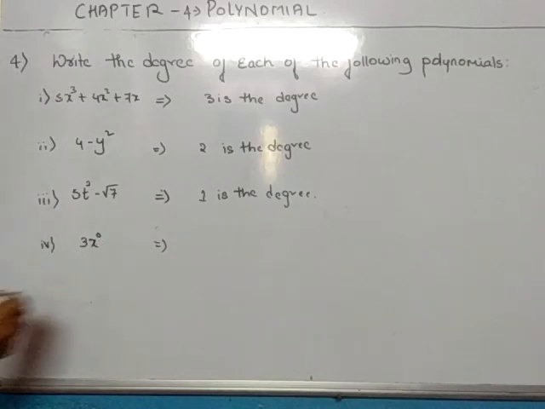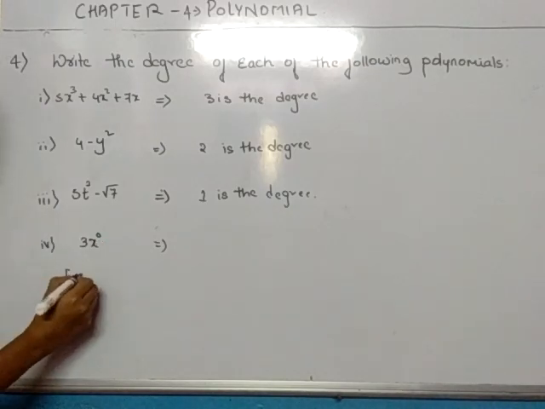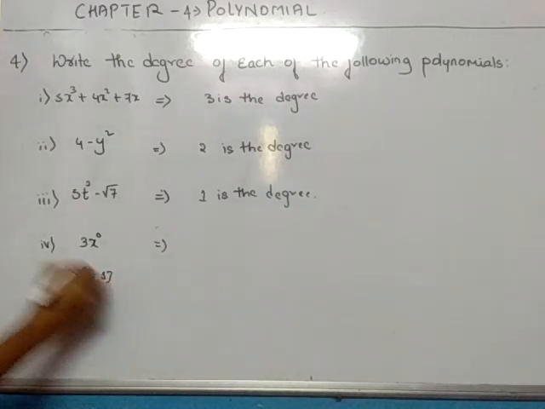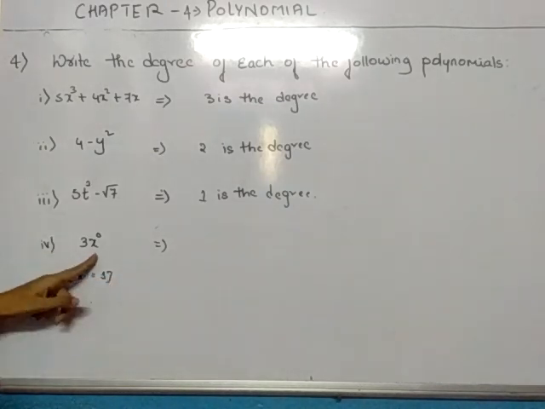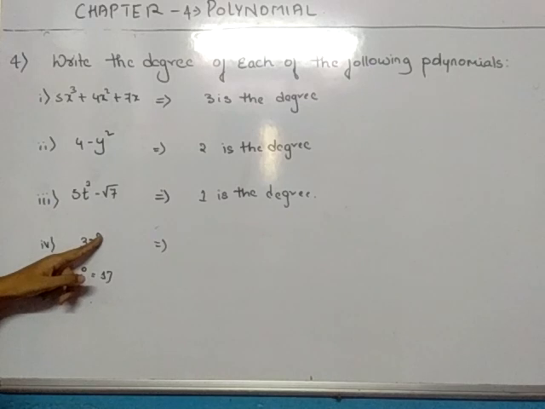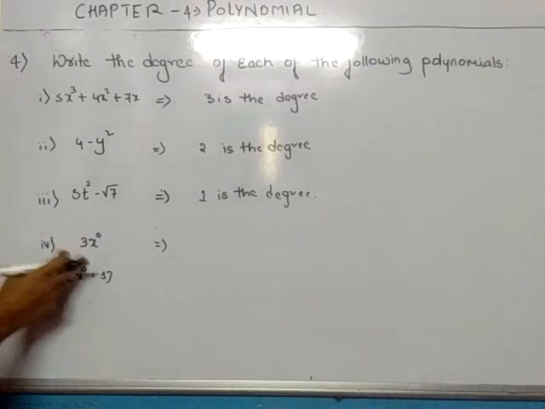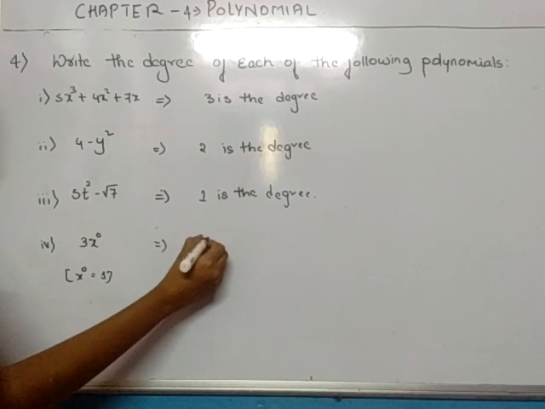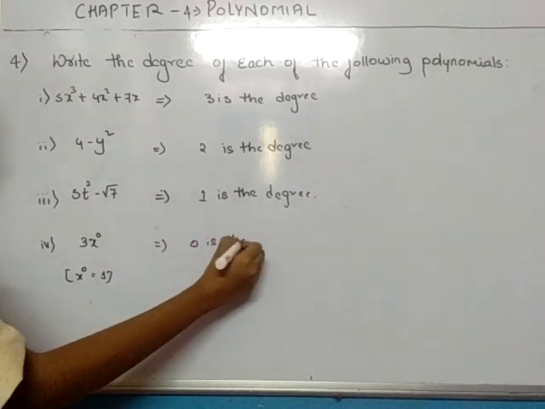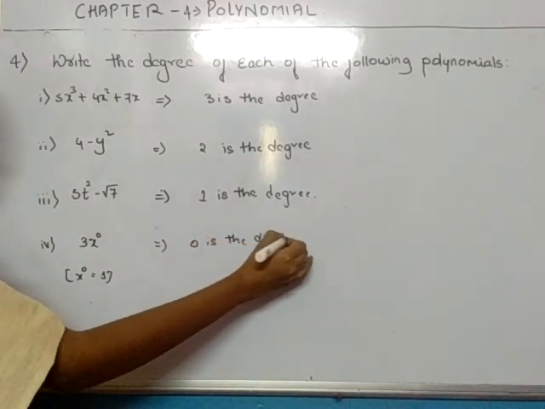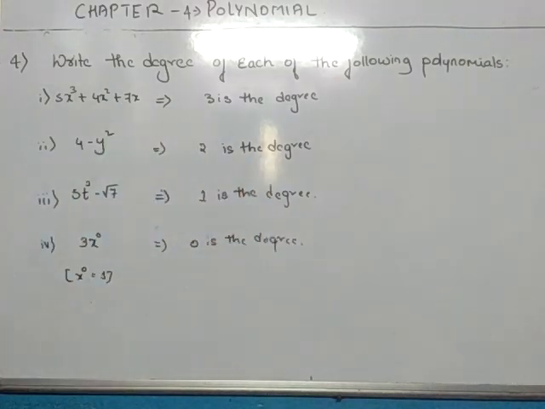X raised to 0 is equal to 1, as you all know, so x raised to 0 it is here. So the degree of this equation will always be 0. 0 is the degree. This completes the fourth main.